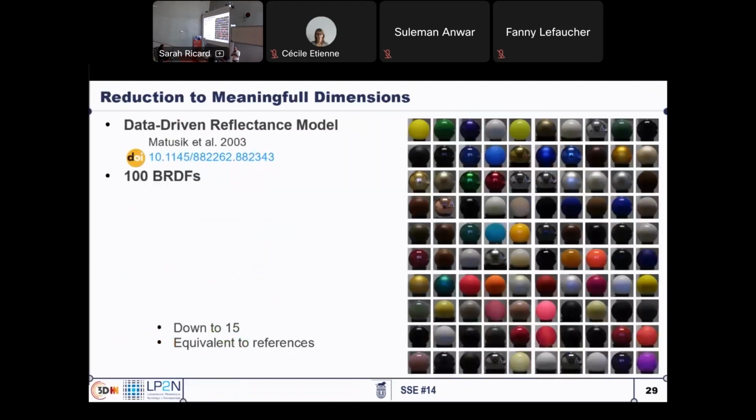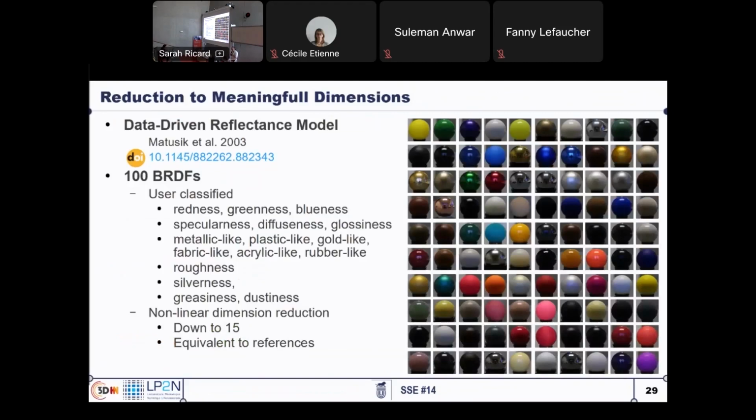The most well-known technique you can refer to is the work from the MERL laboratory in 2003, in which they performed the acquisition of more than 100 BRDFs based on spherical samples, mostly painted spheres.